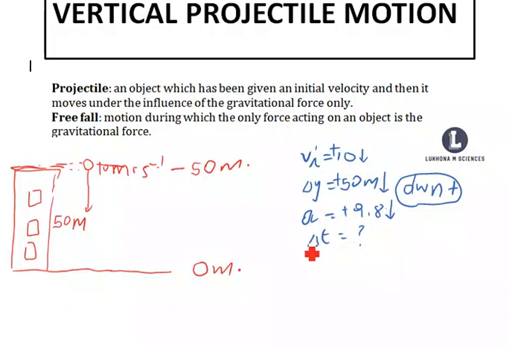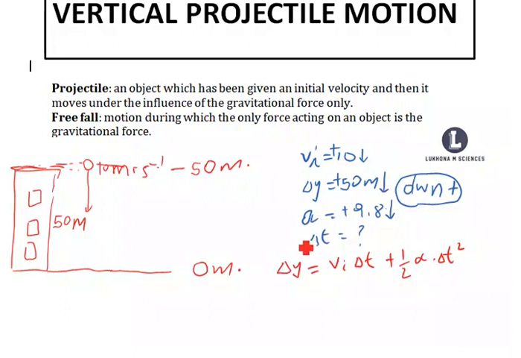Now the formula that we are going to use is the third one: dy is equal to initial velocity times time plus 1/2 acceleration times delta t squared.